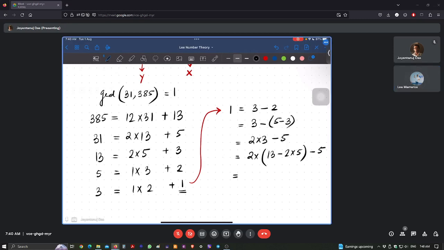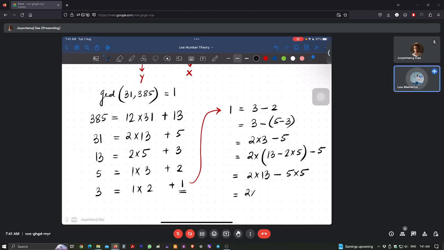So 2 times 13 minus 5 times 5. Next, we replace 5: 5 equals 31 minus 2 multiplied by 13.